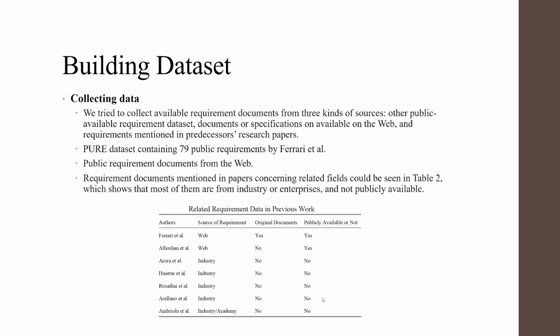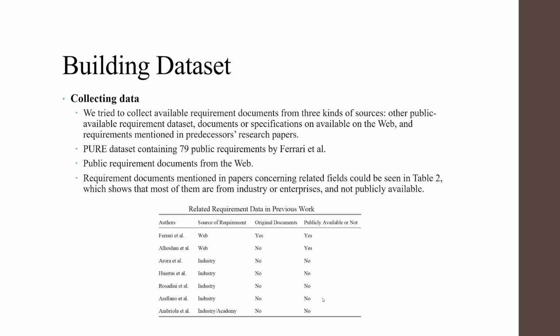After defining all the defects, we try to collect available requirement documents from three kinds of sources: other publicly available requirement datasets, documents or specifications available on the web, and the requirements mentioned in previous research.